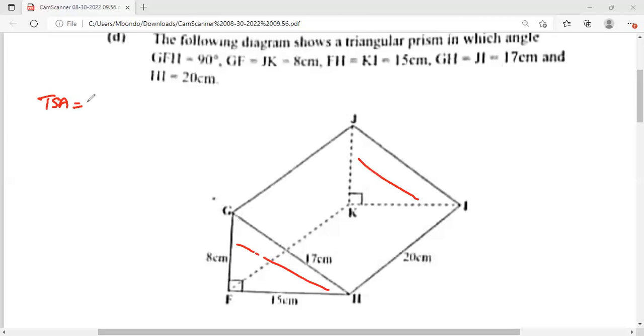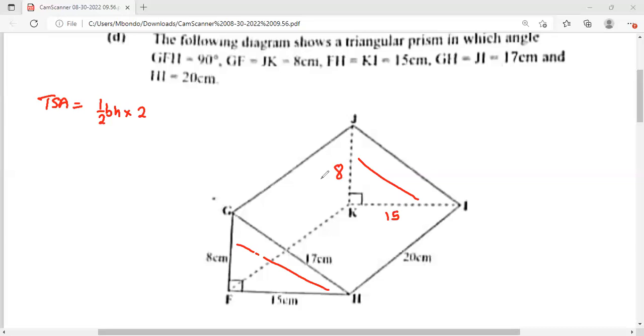So we can first of all begin with the area of a triangle, which is 1/2 multiplied by b and by h. Then I'll multiply this by 2. Why? Because we have two triangles and both of them have the same measurements.